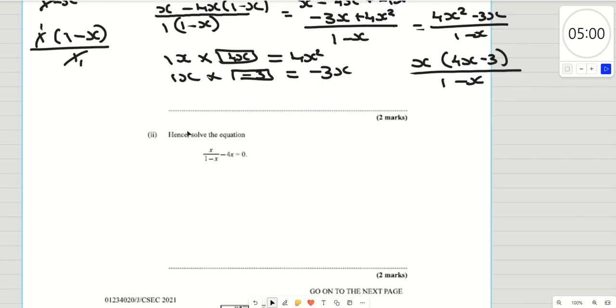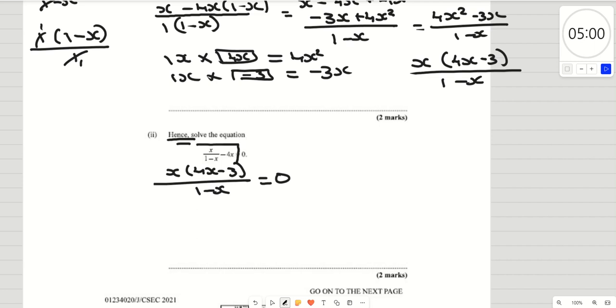All right, then they say hence solve the equation. Now, remember, I always say when you see the word hence, they mean use the answer that you have above to solve it. So basically, they're telling you to use x, open bracket, 4x minus 3 all over 1 minus x. This is equal to 0. Because remember, this here is the same thing as x, open bracket, 4x minus 3 close bracket over x minus 1.